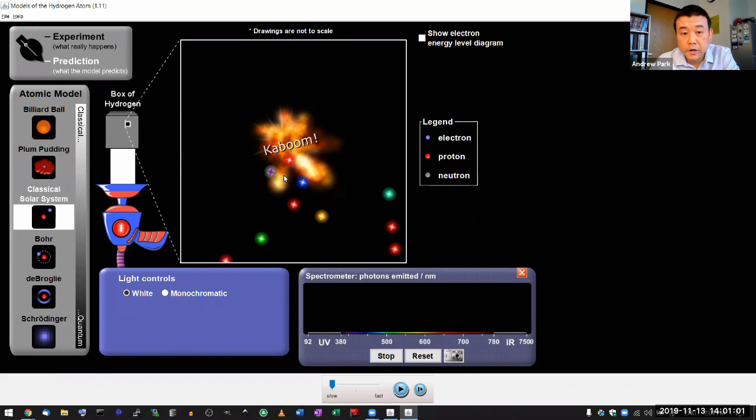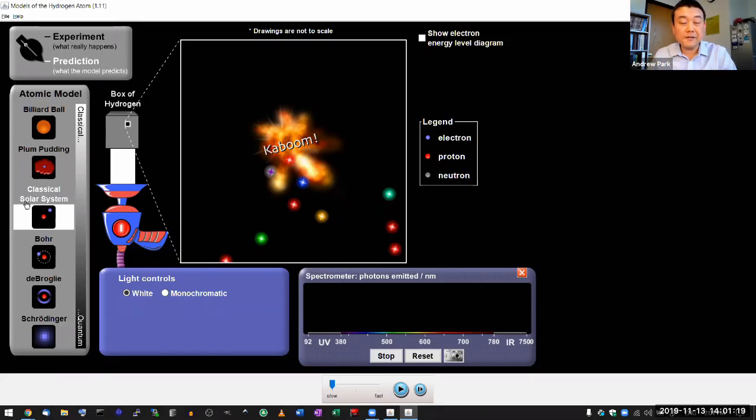Electromagnetic waves carry away energy. And if this electron is losing energy, then it must spiral into the proton, almost like a satellite around the Earth that's losing orbit because it's losing energy due to friction. It crashes into Earth. So the electron has to do something like that.